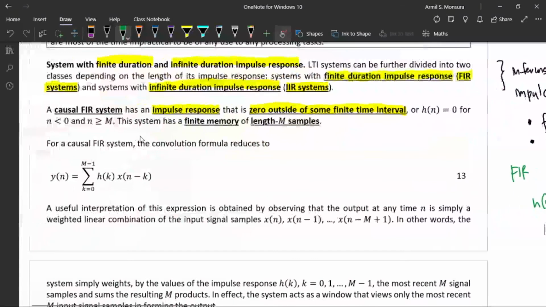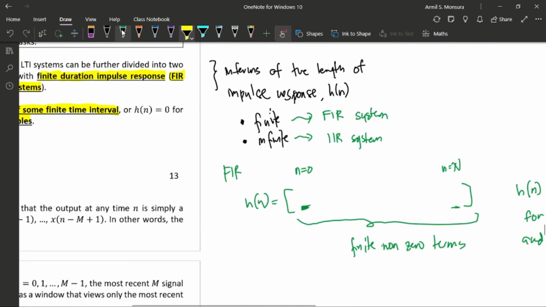So, that points to a system having a finite memory of length m samples. Ibig sabihin yung haba or yung number of terms dito. Actually, I use m here, no? Pero m pala yung ginamit niya.